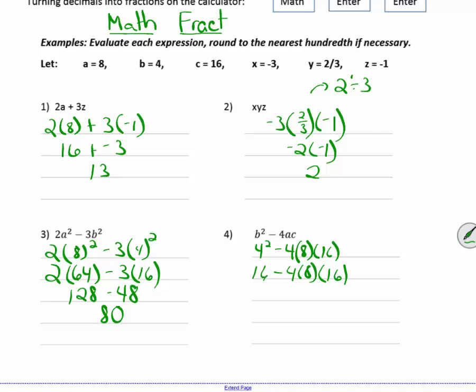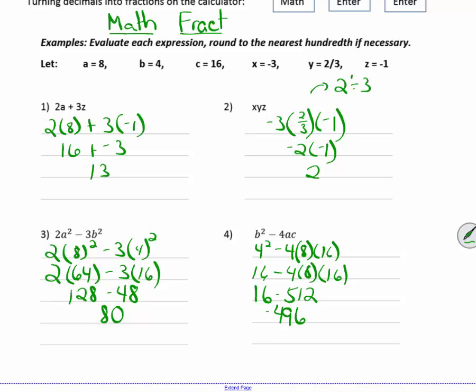And let's see, we have 4 times 8 times 16 is 512. So now when I do that, 16 minus 512 is going to give me a negative number, -496.